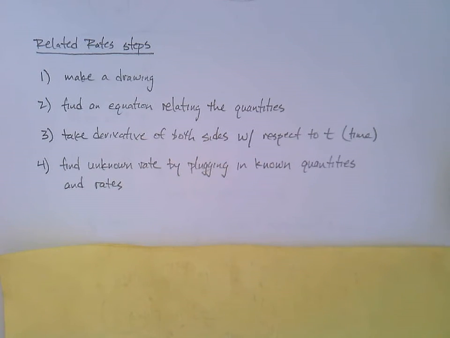In the previous problem, we could tell, oh, they're asking about dy over dt. So identify which derivative or which rate they're asking about. And then I can plug in a number for all the other known quantities and rates I can find from the description of the problem. Plug those in, solve for the one you want, boom, you got it.